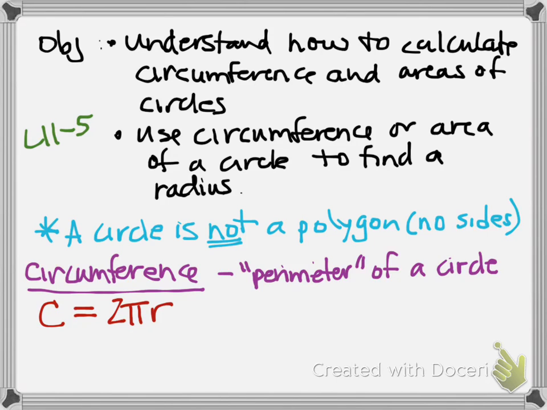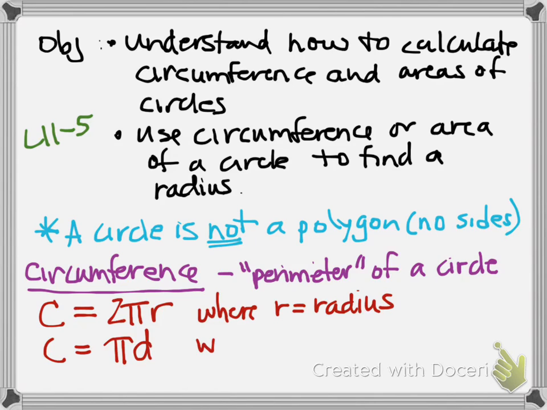Okay, so where r is the radius, so I can't make a star of this, but you need to memorize that formula if you don't know it. Now, the second version of this would be using diameter. And what would be the formula if it just was knowing the diameter? It would be pi d, where d is the diameter.